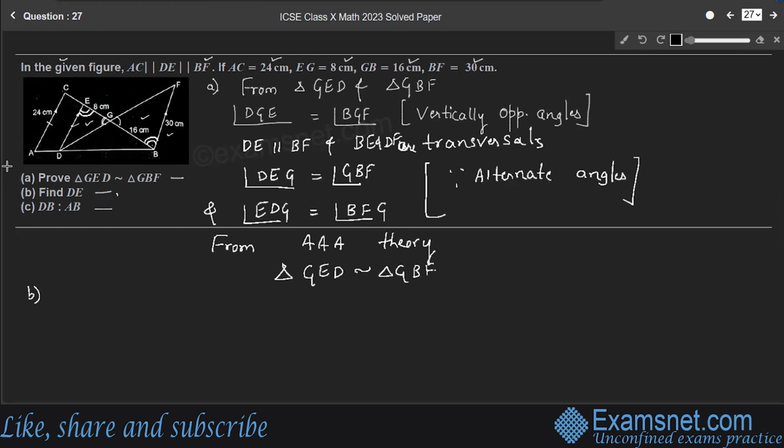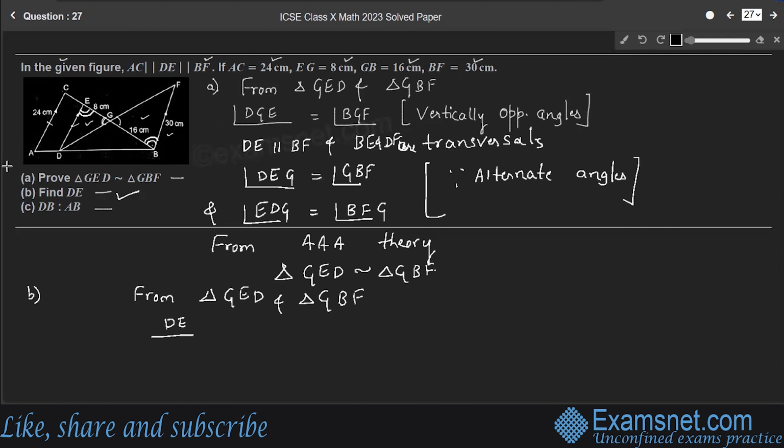To find DE, consider the same triangles GED and GBF. Since the two triangles are similar, the ratio of their sides is also the same. Therefore, DE.